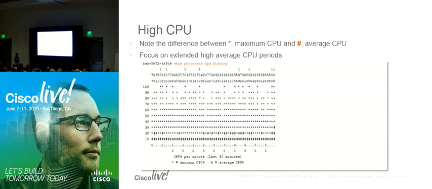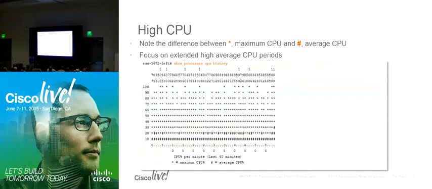All right, here's an example from my lab where I was doing a lot of background activities like Nexus reloading and SNMP polling. I see instantaneous spikes all along in the show process cpu history, but my average CPU is only around 20%. So if you're troubleshooting high CPU issues, try to focus on the average and not the instantaneous spikes.